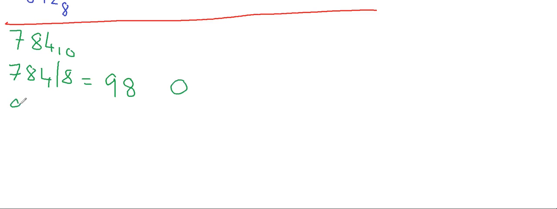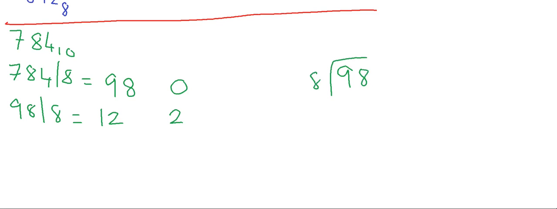Then I'll divide 98 by 8. 8 times 1 is 8. Remainder is 1. So 18. So 8 twos are 16. 8 times 2 is 16, and then the remainder is 2. So the division that we are doing is like this: 98 divided by 8.